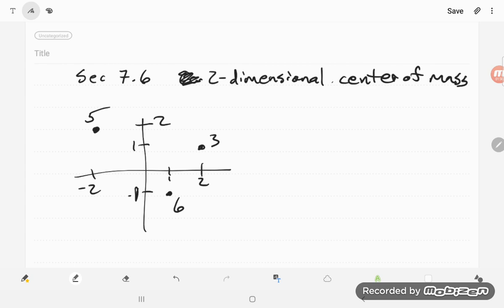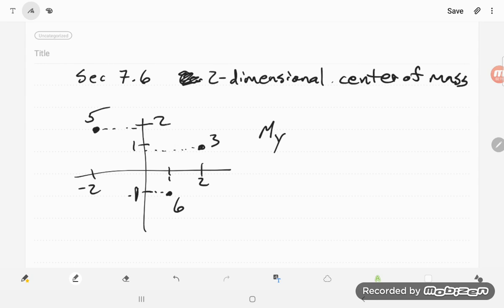And so if I want to find the moment about the y-axis, that would be very similar to what we did in one dimension. So this is first our moment about y. We want to just determine those x values.